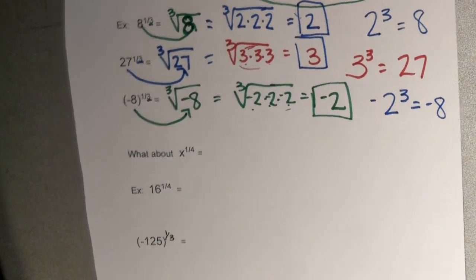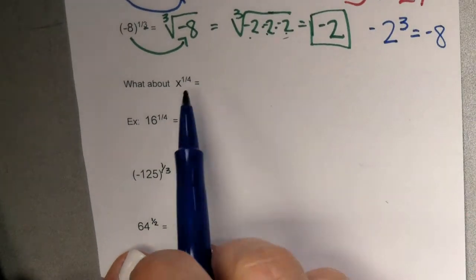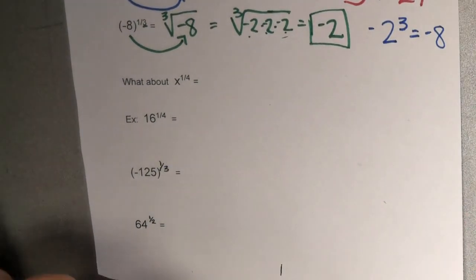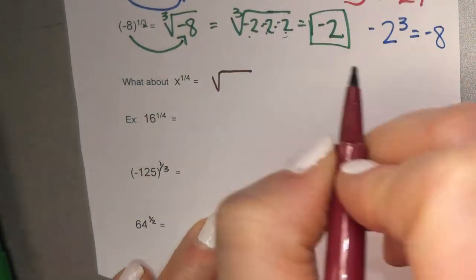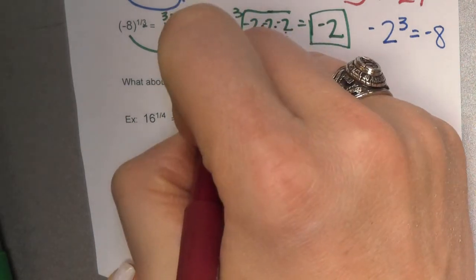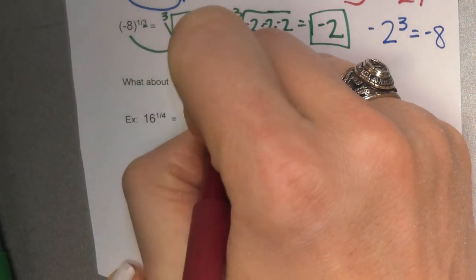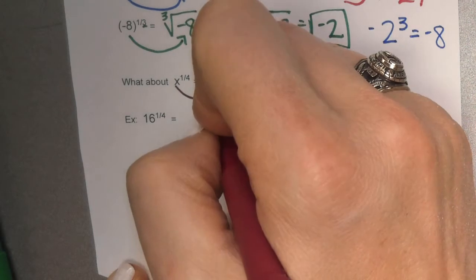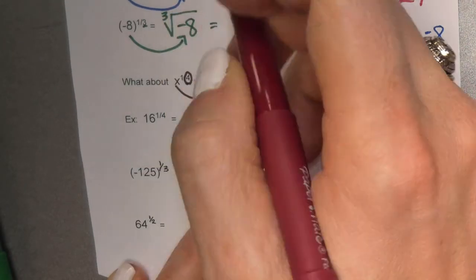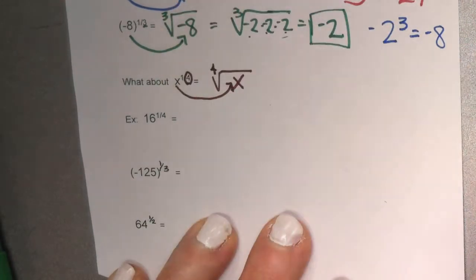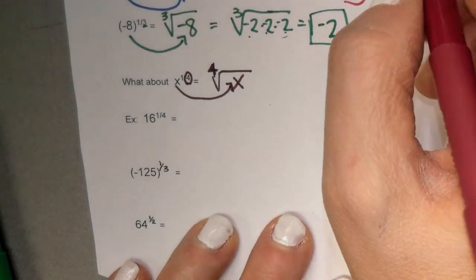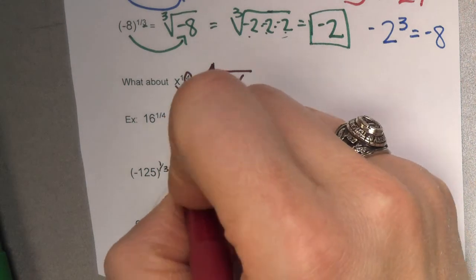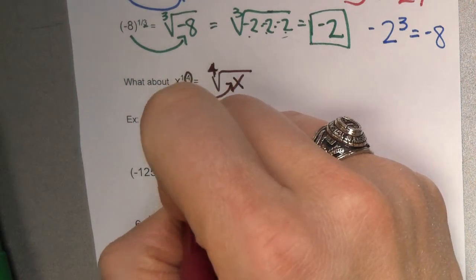Alright, so the same rules apply. What about x to the 1/4? Alright, well, you're going to make your little check mark. And then you're going to put your base inside of it. And we now are working with 1/4. So the number that's going to go on the outside here is a 4. This is a 4. Okay? Let's look at an example. 16 to the 1/4.